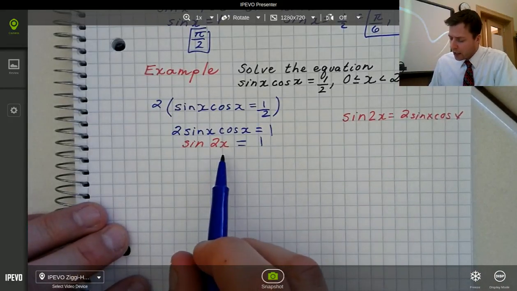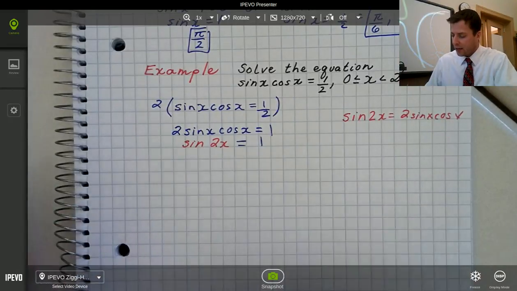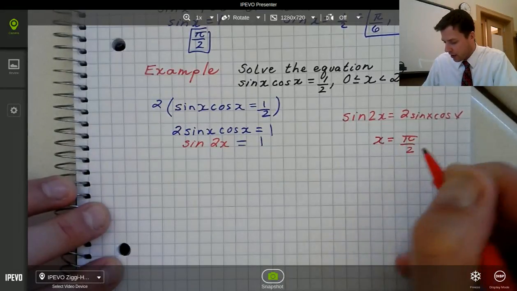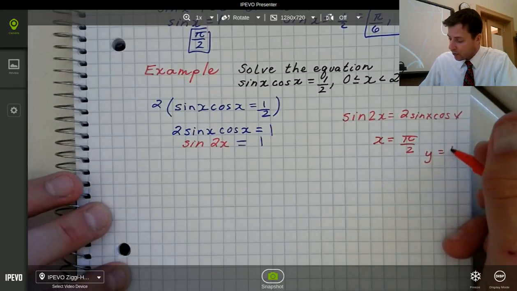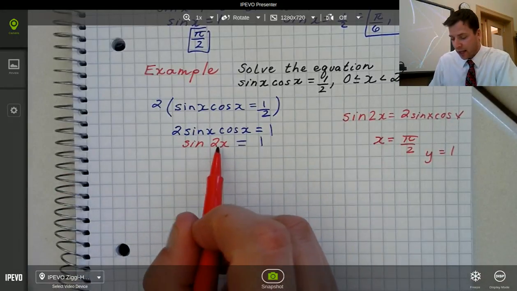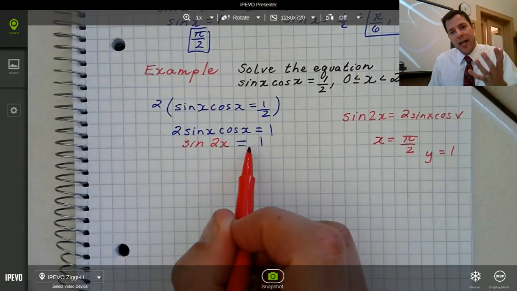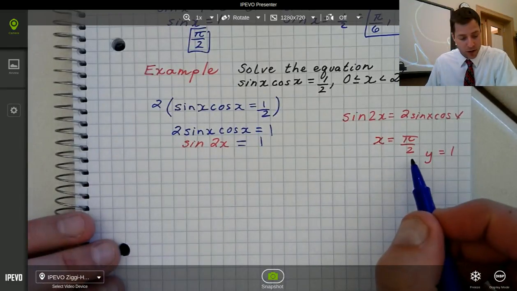So we know that when x is pi over 2, the y coordinate equals 1. So that's what this is saying here: sine of 2x equals 1. Well, we know that the angle that gives us a sine value, a y coordinate, of 1 is pi over 2.